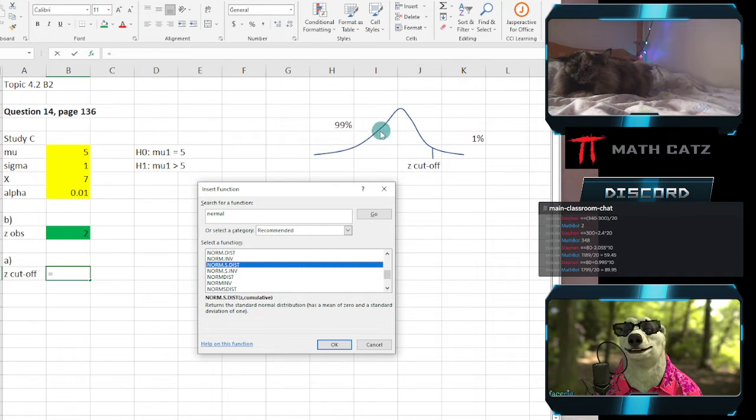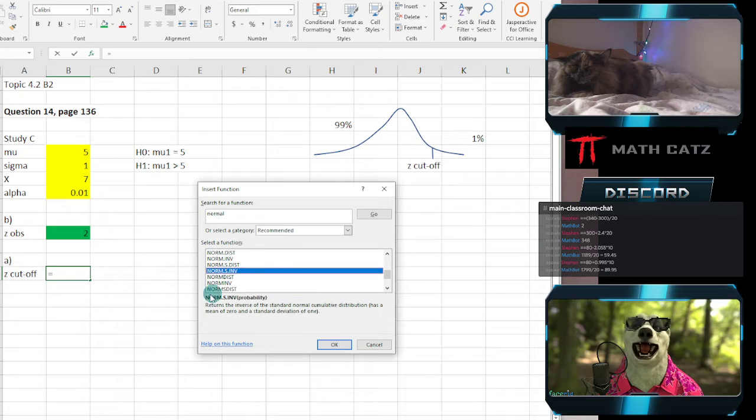But we have the percentage. It's 99 and 1. And we got that by way of alpha. We want the other one where we give it the probability on the left side, which will be 99%, and it gives me the cutoff.